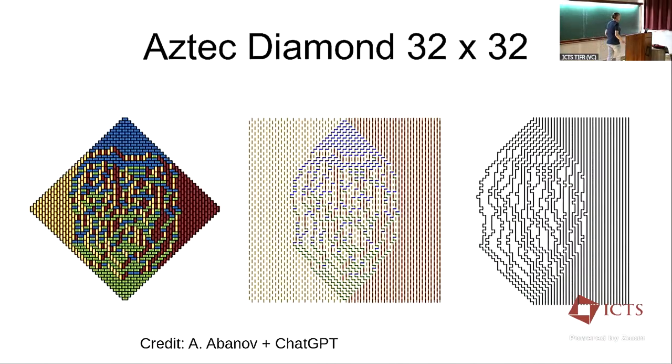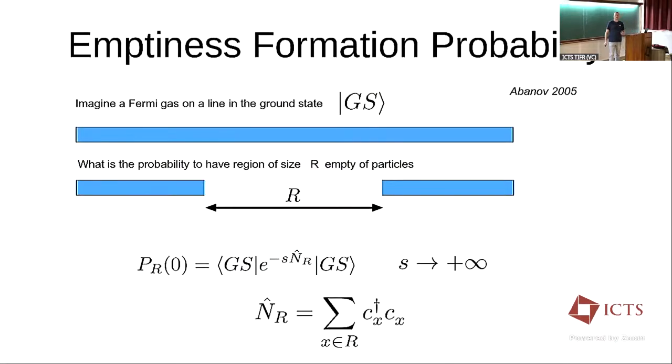Right. A similar problem now in a quantum setup was proposed and solved by Abanov, following attempts of the integrable community to calculate the so-called emptiness formation probability in the case of spin chains.